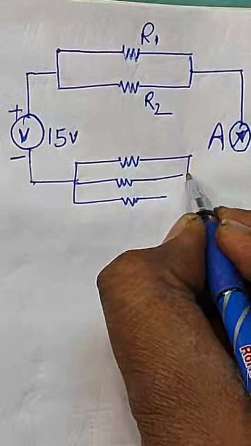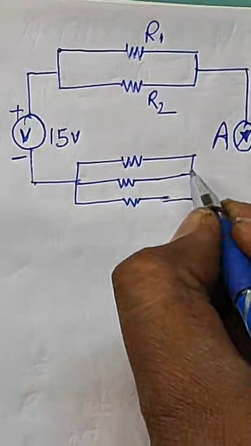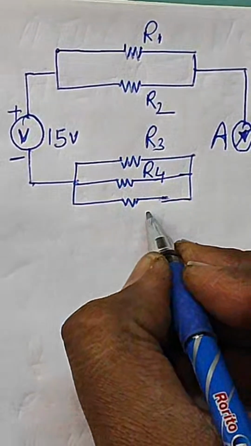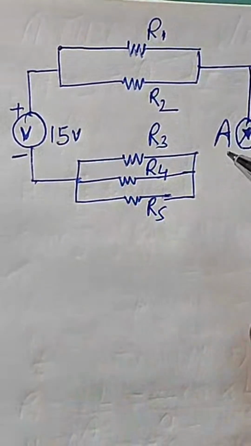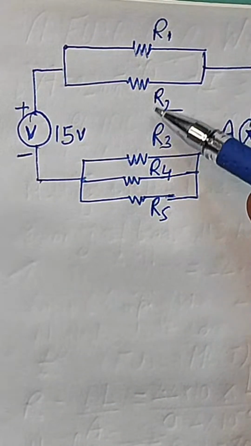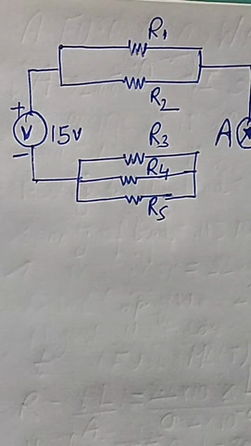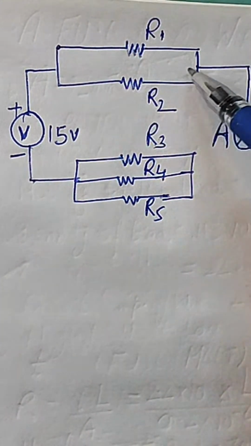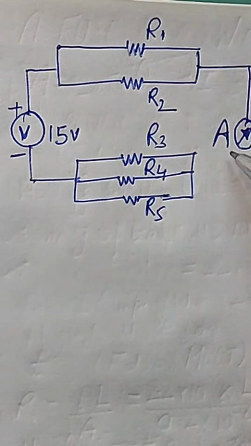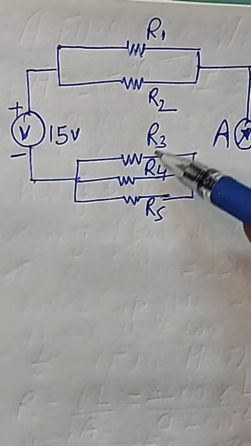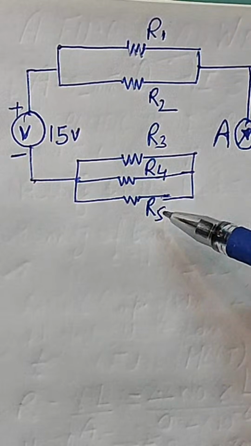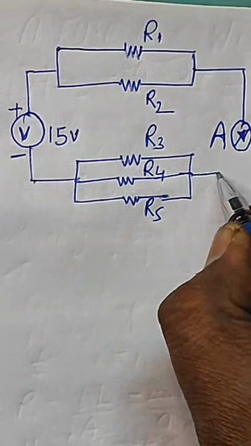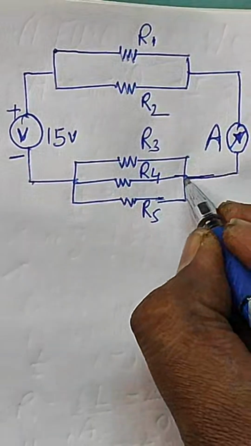And all three resistances are in parallel. So there are two pairings happening. One pair is the combination of R1 and R2 in parallel, and this combination is connected in series with another parallel combination of R3, R4 and R5. Okay, and this is connected like this.